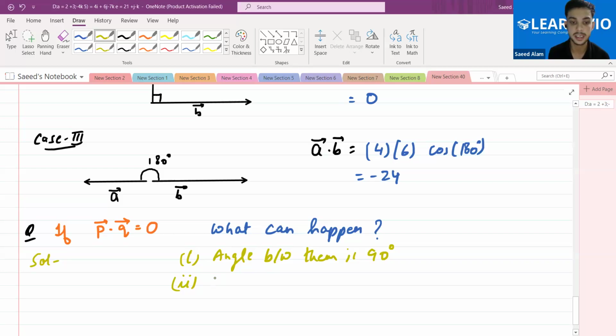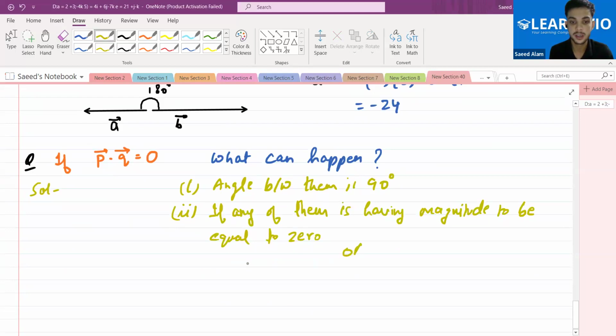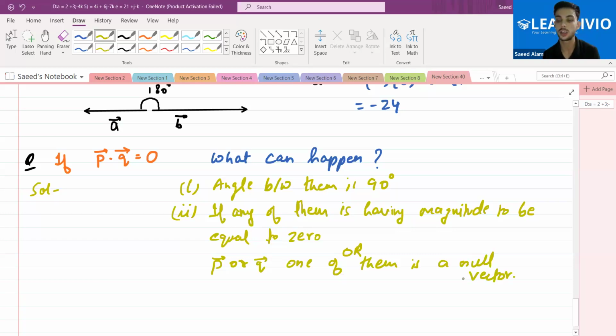So the second thing that can happen is if any of them is having magnitude equal to 0, or what we can say, that P or Q, one of them is a null vector.